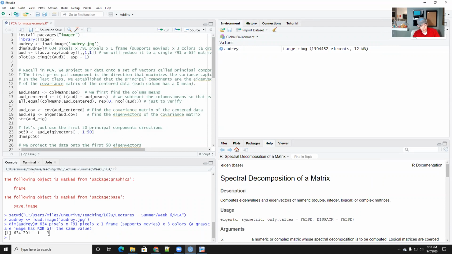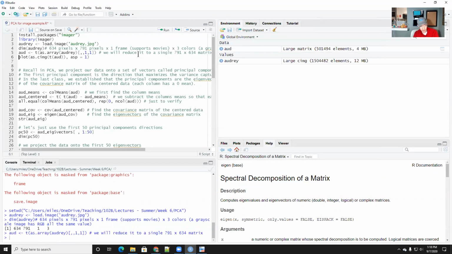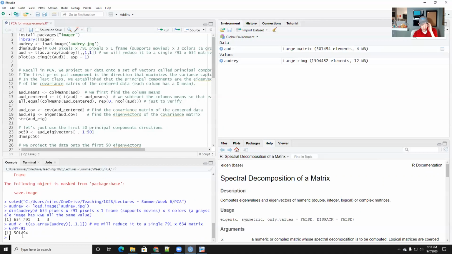But in a gray image, the red, green, and blue channels have equal values, so I'm going to just keep one of them and reduce this to one matrix that is 634 by 791. So I just have a big matrix, around 500,000 values.